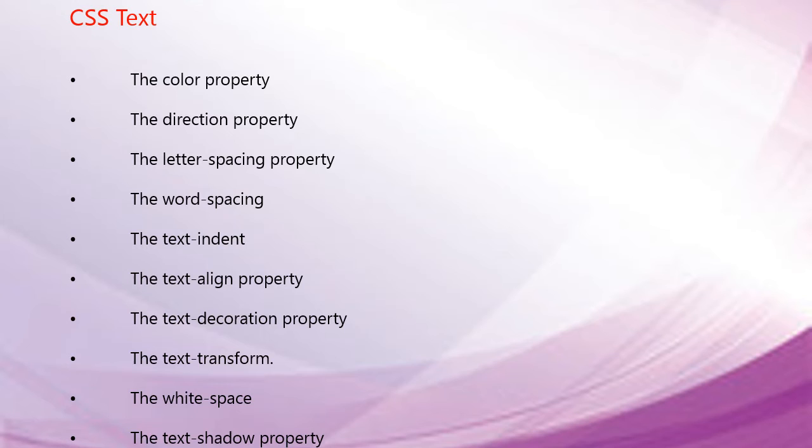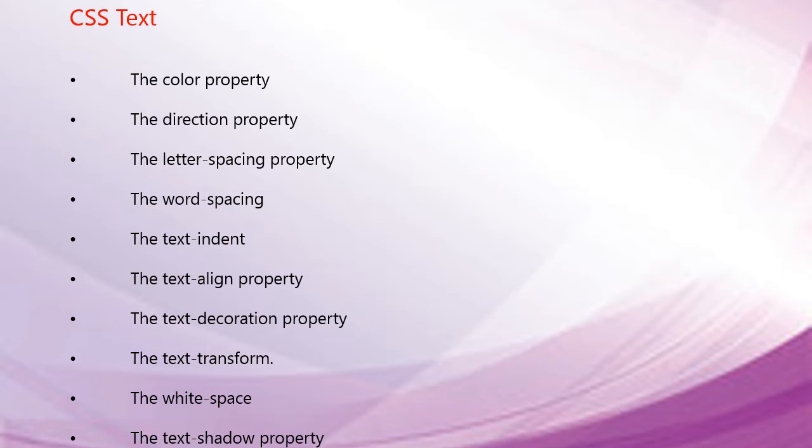Word spacing means to add or subtract space between words of a sentence. Text indent property is for indenting the text of the paragraph. Text align, as you know, is the alignment of the text of the document, left, right or center.